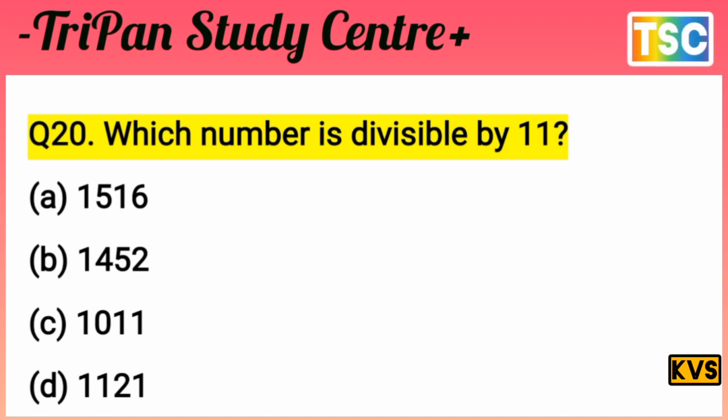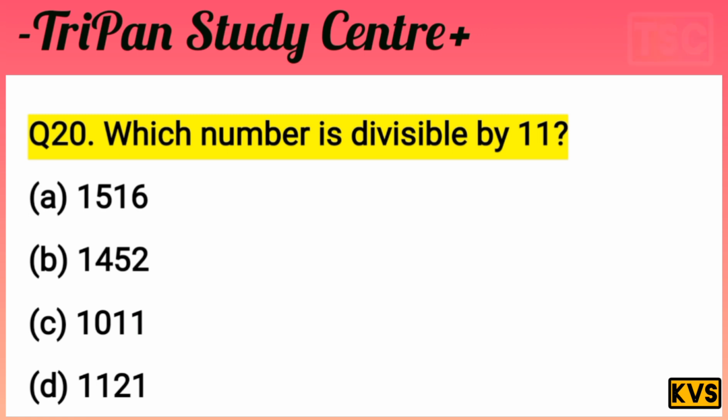Let's see what the answer is for this question. Which number is divisible by 11? The answer is B, 1452. It is easily divisible by 11.